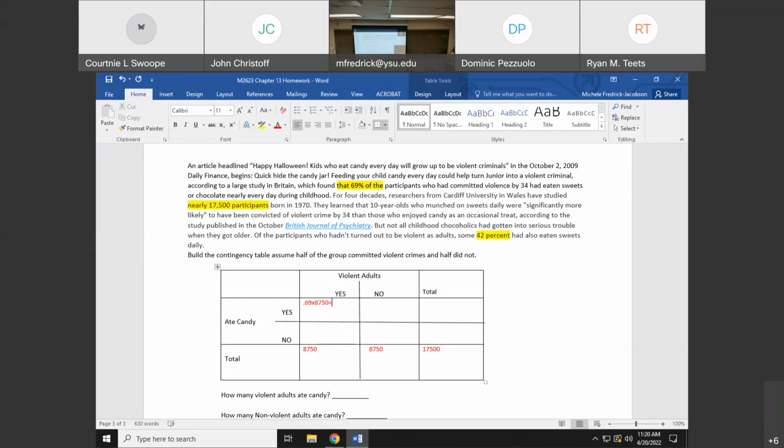So does everyone want to round? Okay. 6038. Now, because we're rounding this, I don't think we have to round on the second one, but if we had to, we could be off by 1, which is okay. Okay, so we know that one. We could figure the ones below it, right?